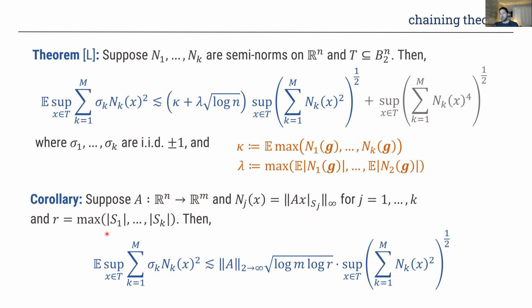And suppose that the maximum size of any of those subsets is R. Then this bound on the right is relatively easy to compute, and you get square root log m times log R times this quantity, and then times the 2 to infinity norm of A, which is just the maximum 2 norm of any row of A.